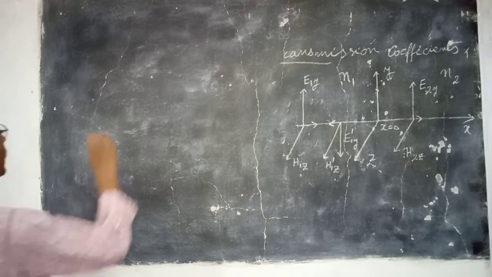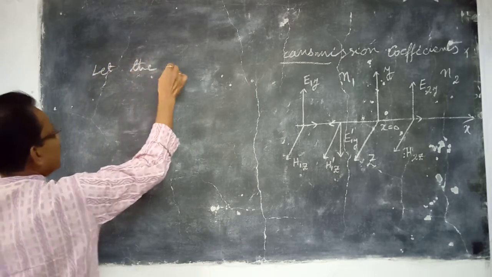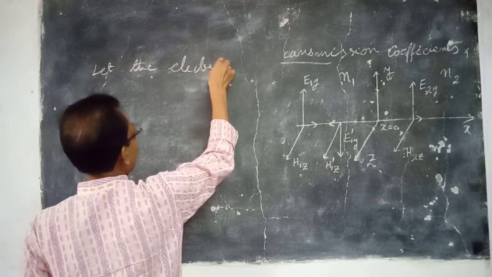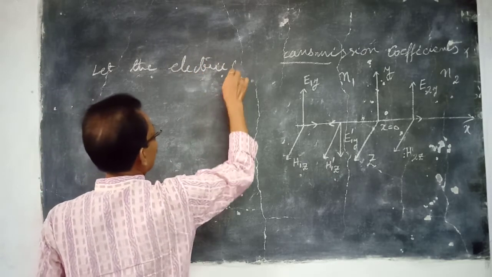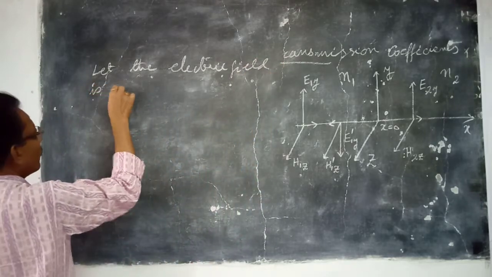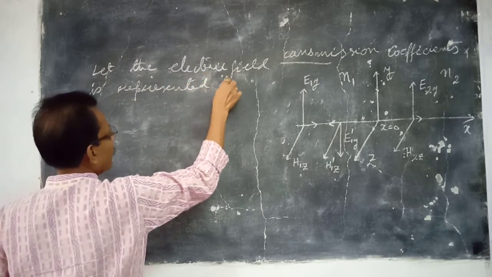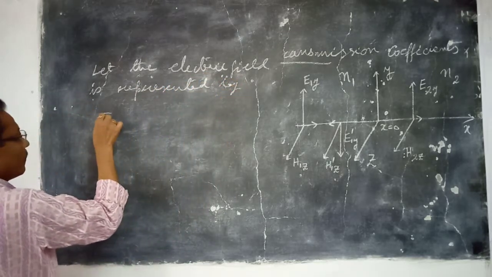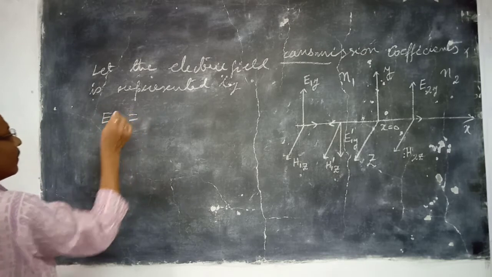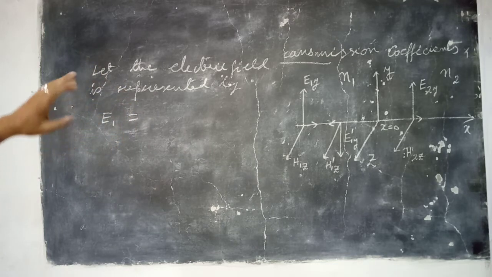So E1, let the electric field be represented by E1. It is vibrating along the y-axis.